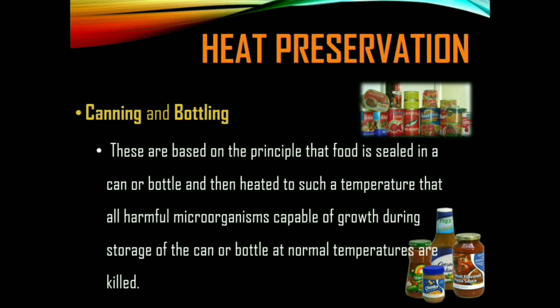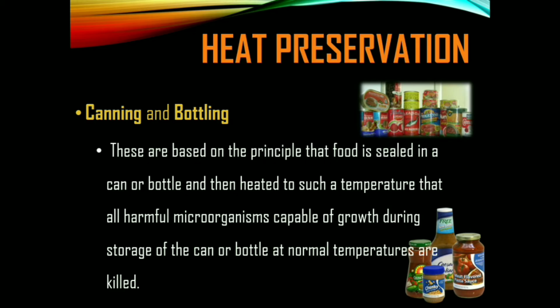The next method of heat preservation is canning and bottling. These are based on the principle that food is sealed in a can or bottle and then heated to such a temperature that all harmful microorganisms capable of growth during storage of the can or bottle at normal temperature are killed, right?